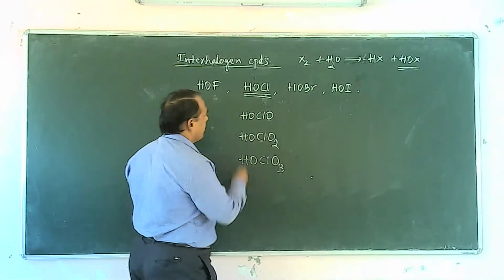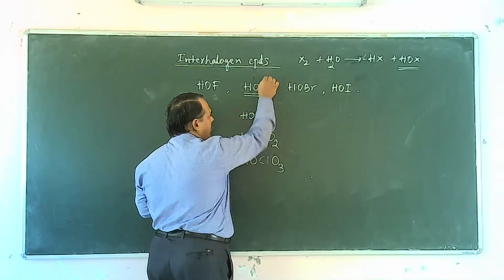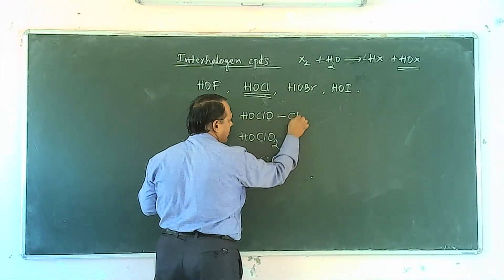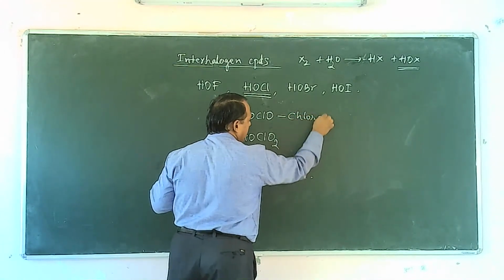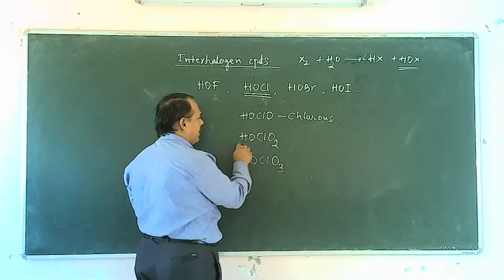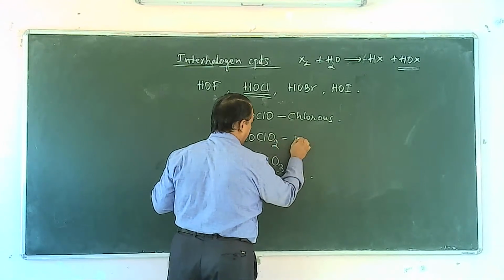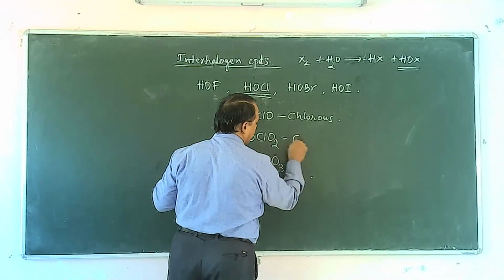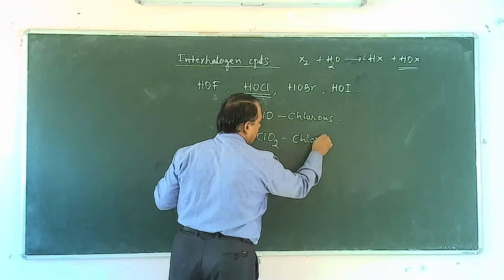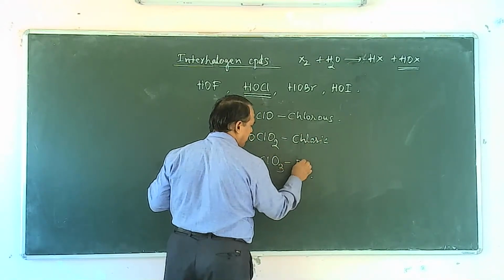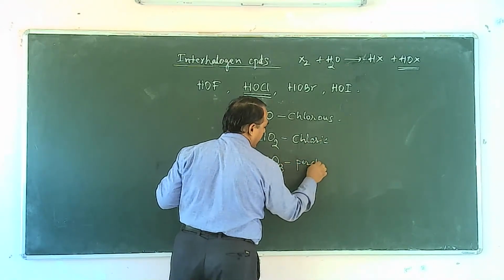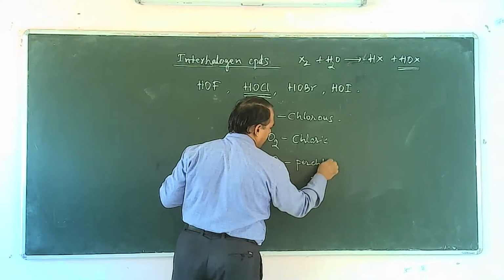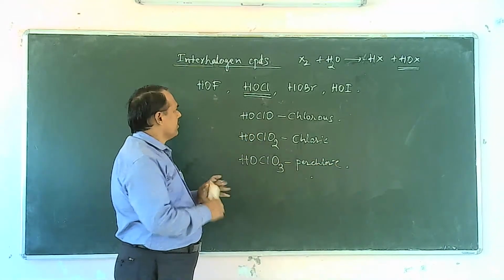What are those? So I will write here. This is hypochlorous acid, and this is chlorous acid, chloric acid, and this is perchloric acid.